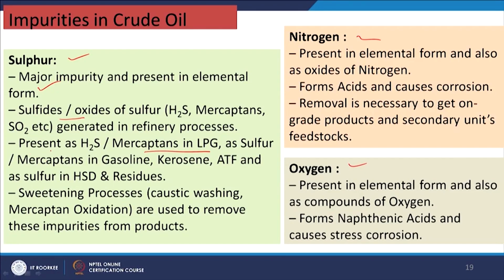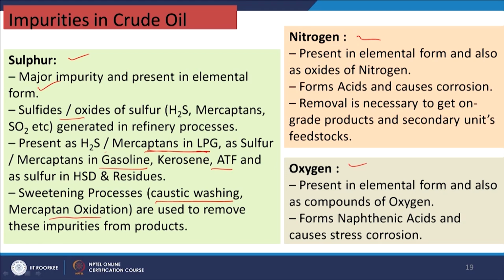Different products have different types of sulfur, as for example H2S and mercaptan in LPG, sulfur and mercaptans in gasoline, kerosene, ATF. And to remove the sulfur we can use sweetening processes, that is caustic washing, mercaptan oxidation, etc.